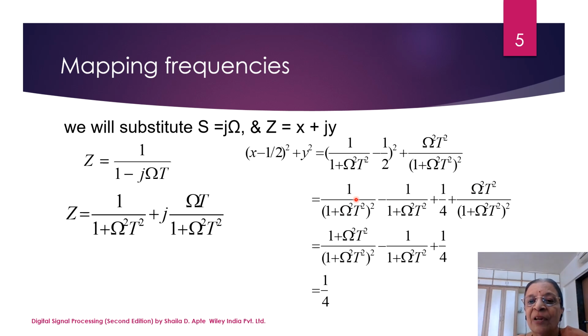Now, when I simplify this, I get it equal to 1 by 4. So (x minus half) square plus y square equals 1 upon 4. So it maps onto a small circle in the Z domain with radius equal to half and center at (half, 0).